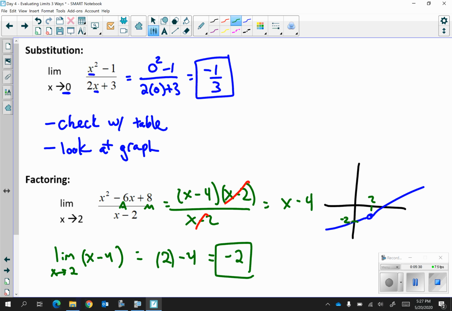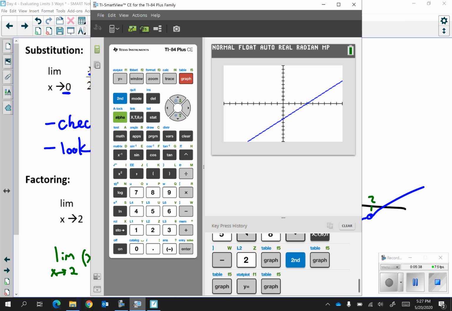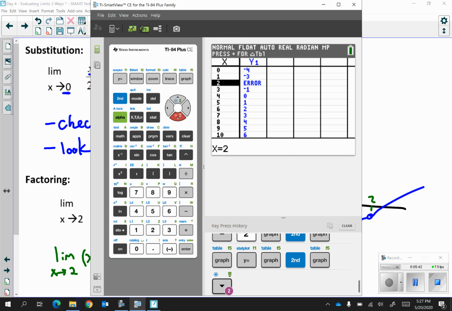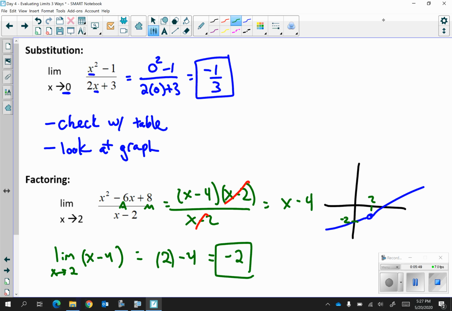But remember that the limit still exists because you are approaching -2, not necessarily equaling it. And you can see that there's a problem here if you go to your table, right? At x equals 2, there's an error where the hole is. So just because you can't see the hole on the graph, you can see the hole in the table.